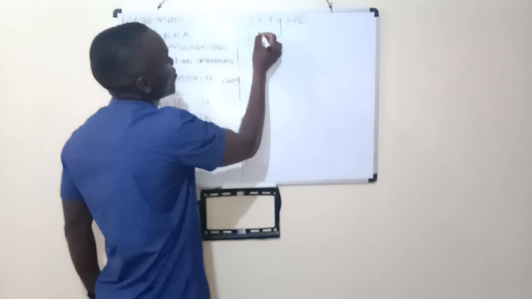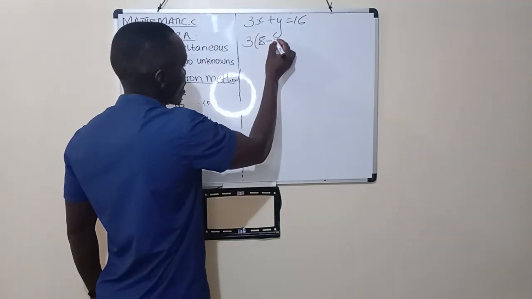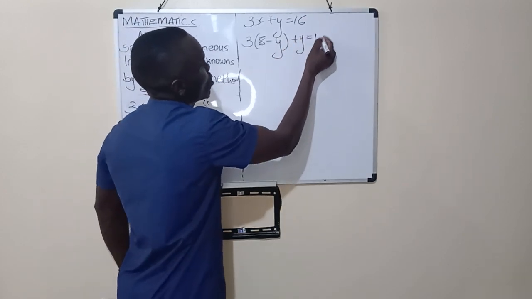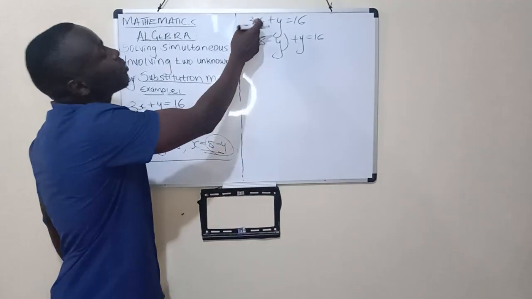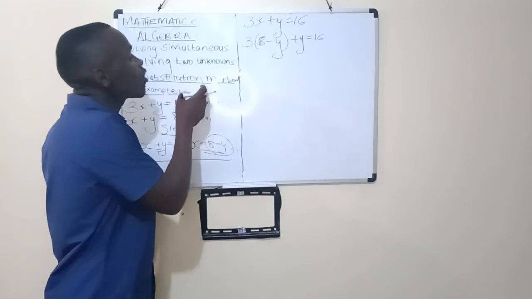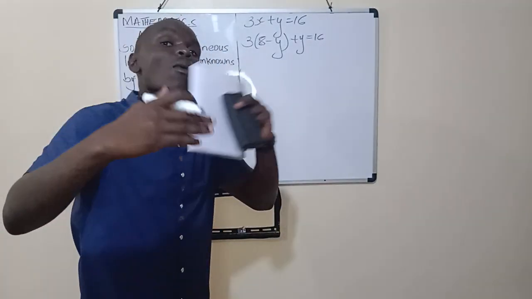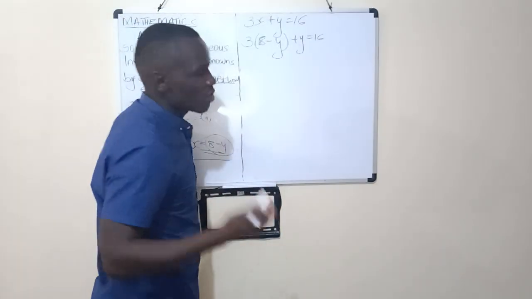So you're going to have 3 into bracket 8 minus y into bracket plus y equals to 16. Now, having written it this way, it means we have substituted, as the method says, substitution method, where you replace one term in terms of the other. So in this case, we just open the bracket and we have our solution.